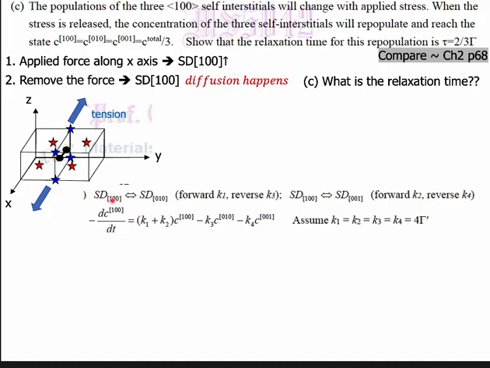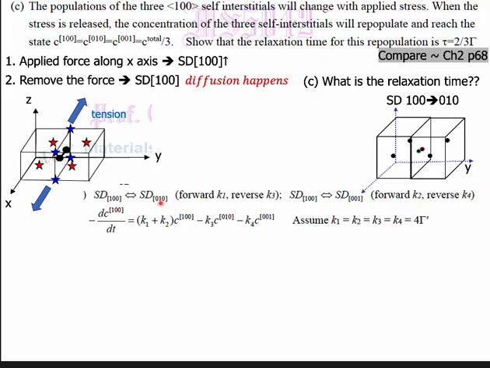So I have the split dumbbell 100 probably jump or move to 010, so I have these equations and reactions. The forward rate constant I call K1, and the reverse reaction I call rate constant K3. And also one of the atoms can move out to form the split dumbbell 001. So I have forward rate constant K2 and reverse K4.